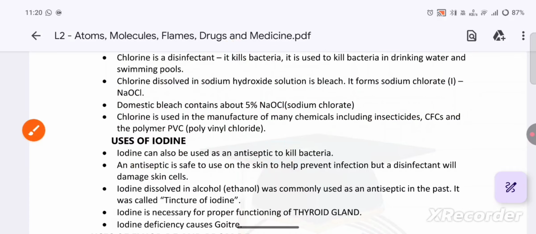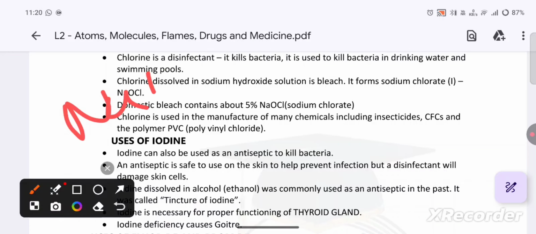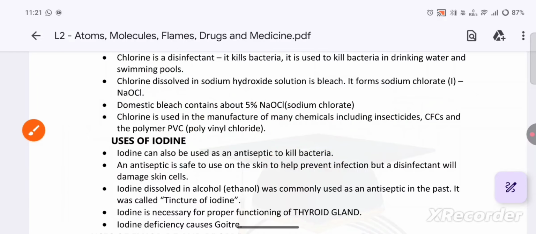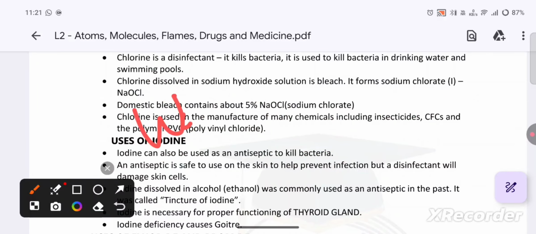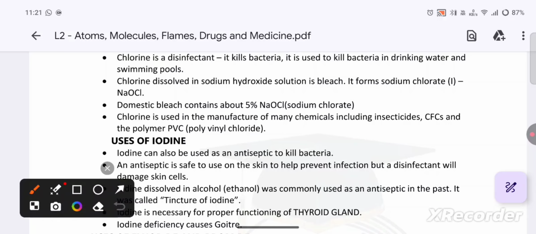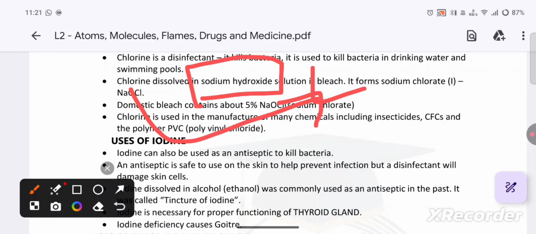First, we know sodium hydrogen carbonate, sodium bicarbonate, is called washing soda. After washing we can go to bleach, right?